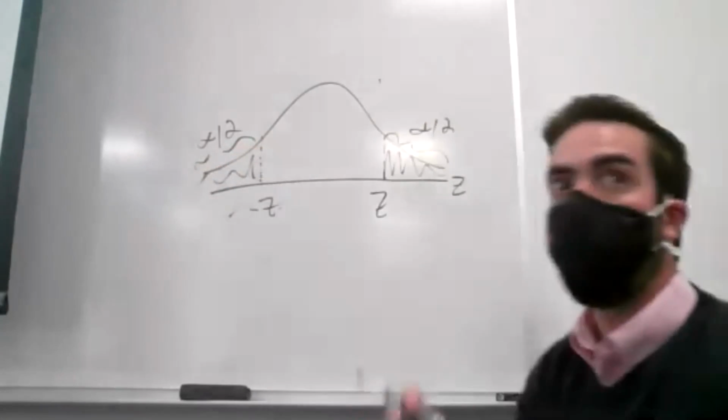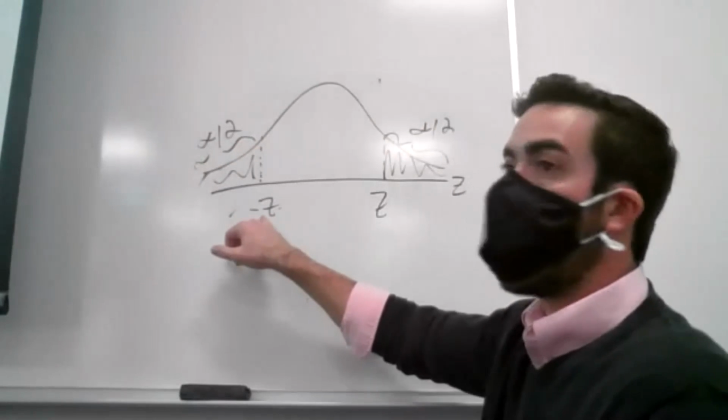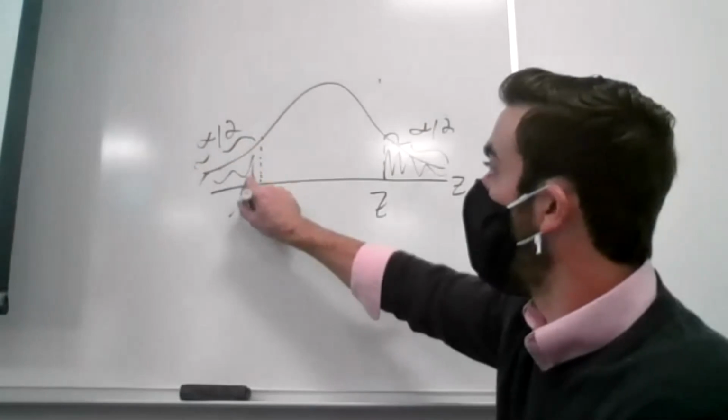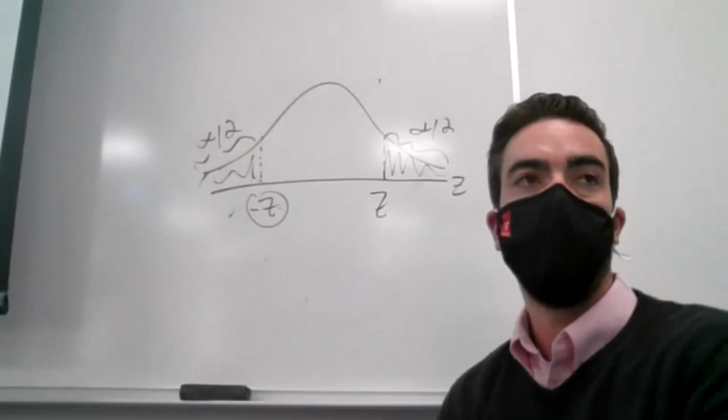If I look up alpha over 2, because the table always looks at the area to the left, it's always going to give me that negative z-score. I'm going to go that many standard deviations below my sample mean to get the lower bound.